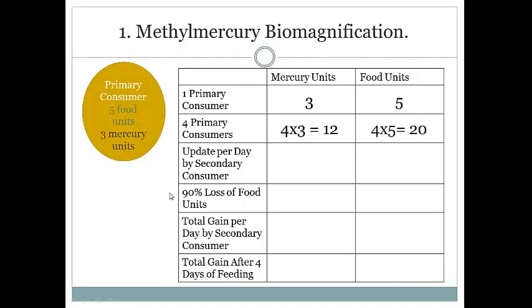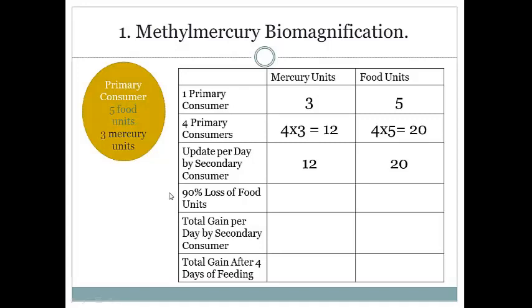Same thing for the food. We've got 5 food units per primary consumer, and there's 4 of them being consumed, so that's 20. So when the secondary consumer eats the primary consumers, each day it's getting 12 mercury units and 20 food units.